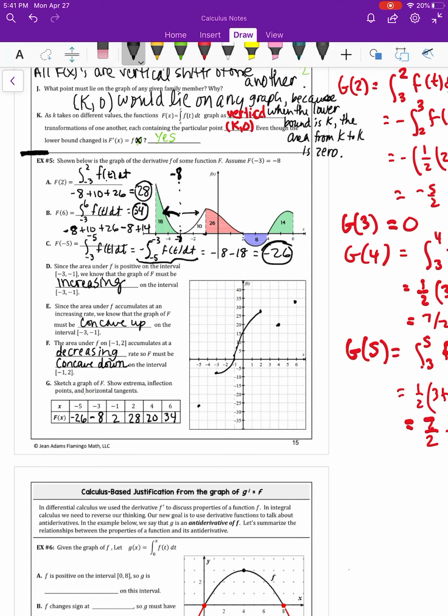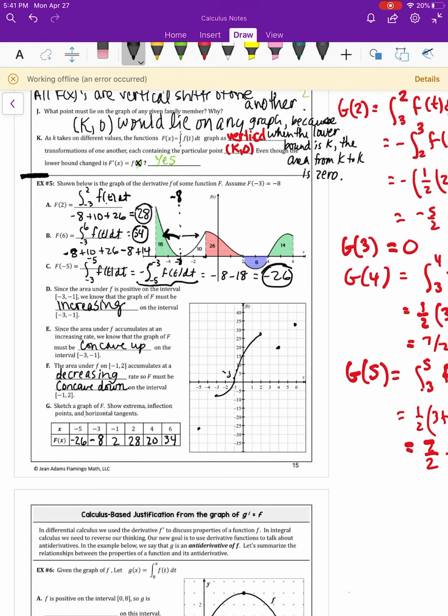Since it's changing concavity here, this is going to be a point of inflection. And remember that at negative 1, you're going from positive slopes of tangent lines to negative slopes of tangent lines. So this is going to go from being concave up to being concave down, like that.